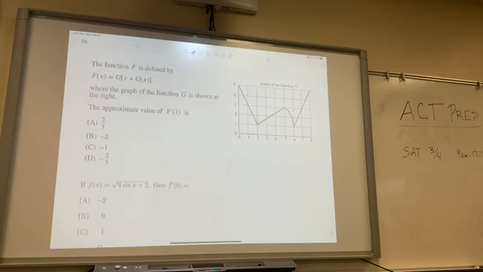You just got to go back to if you know your chain rule derivatives. This is crazy because it's g of g, but I love it. So, f prime of x. Because it wants to know what f prime of 1 is. So I have to take the derivative of this. But it's g of something. It's an outside inside.